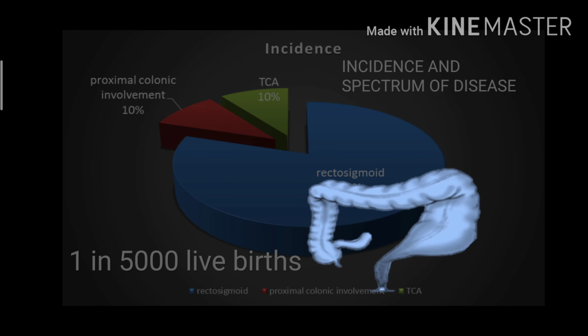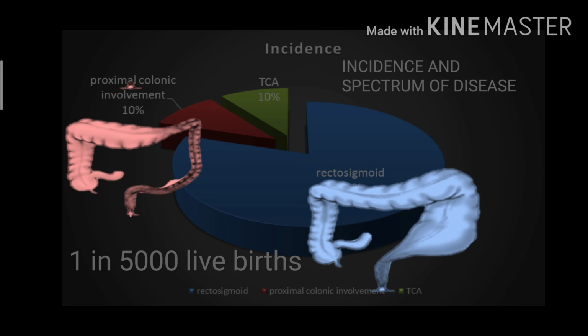In the short segment HD involving the rectosigmoid junction, only this much part is affected, the rest is dilated. In ultra short segment Hirschsprung's disease, only the part near the internal sphincter is affected. In short segment, the disease extends until the rectosigmoid part.